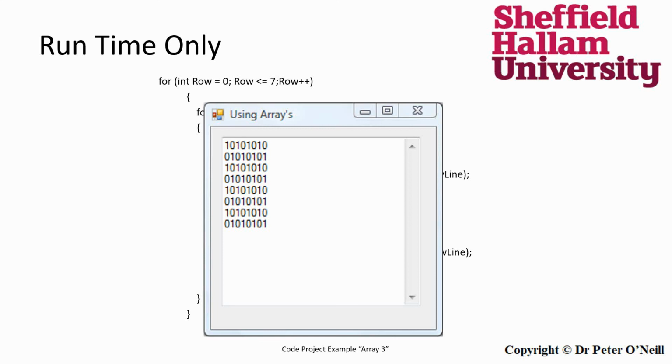One of the things we could do with this would be to send it to our GUI image array and have it replace the numbers with pictures instead. So we could have a black square, white square, black square, white square, and then move to the next line and do the opposite again. So each number would represent a single square.